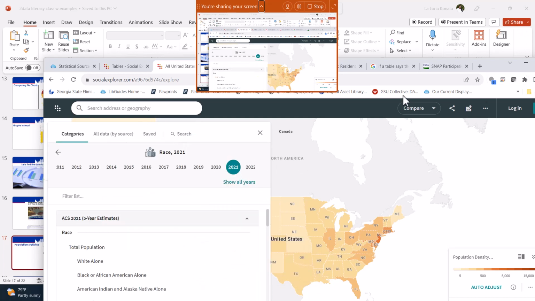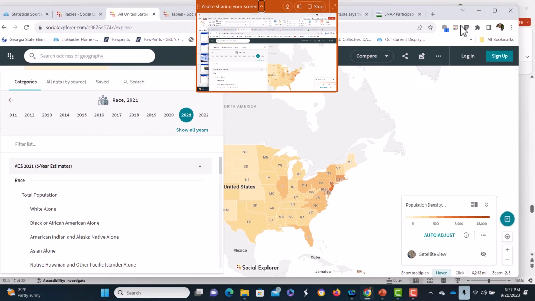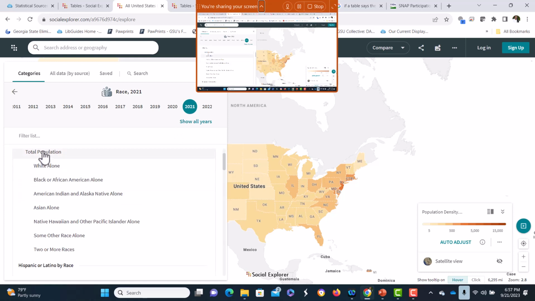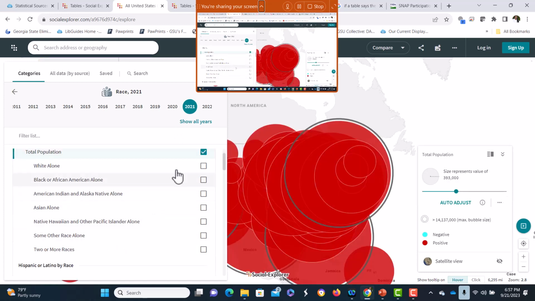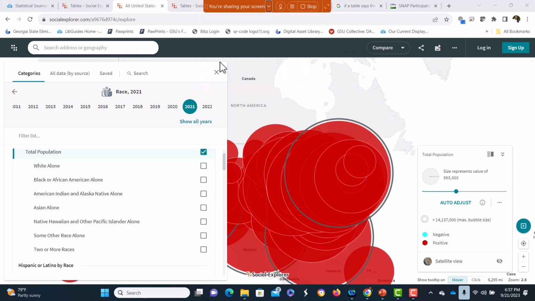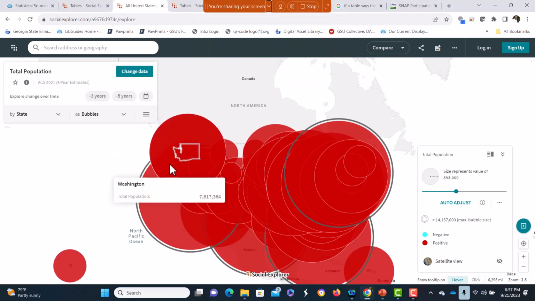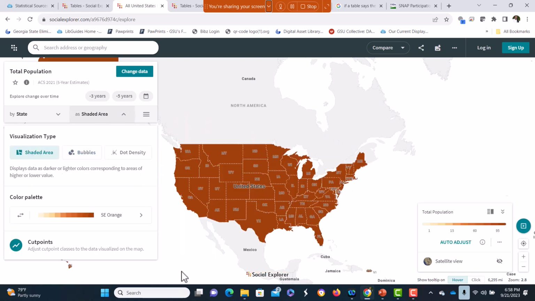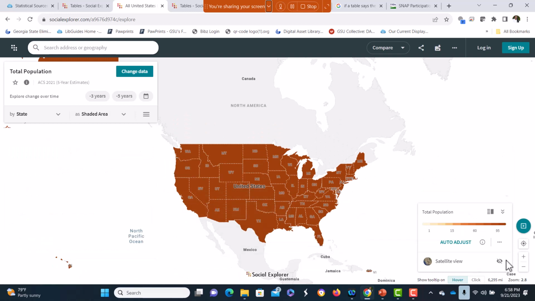Race and total population. So let me get out of here. I can change this bubbles. This doesn't present well. Let's just do shaded area. So now I have this table. You can see the key here, and it's giving me the population for each state.